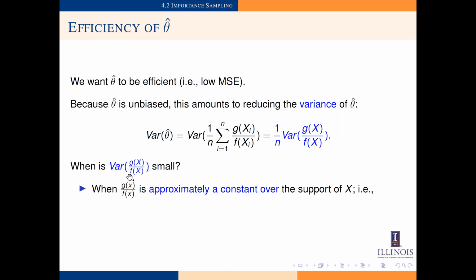So the variance of this ratio will be small when g of x divided by f of x is approximately a constant over the support of x. In other words, this is when f of x is approximately proportional to g of x across the entire support of x.